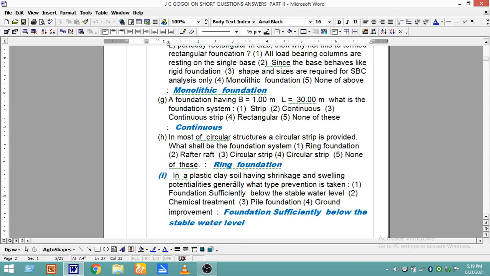In a plastic clay soil having shrinkage and swelling potentiality, generally what type of prevention is taken? Given answer: foundation sufficiently below stable water level, or chemical treatment, or pile foundation, or ground improvement.